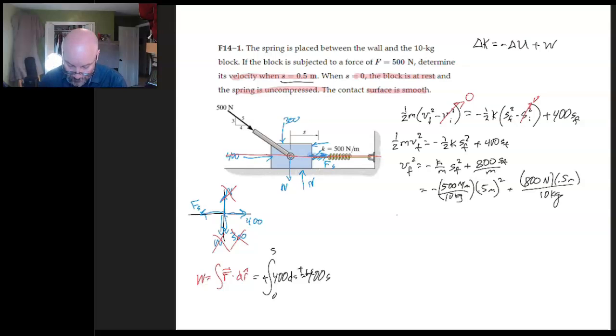Just like so. Plug all that into your calculator, and what you're going to end up with is 27.5 meters squared per second squared. And once we take the square root of it, what you end up with is 5.24 meters per second.